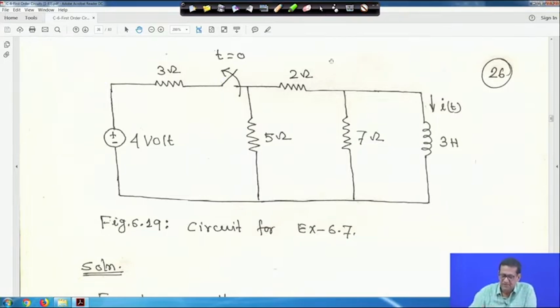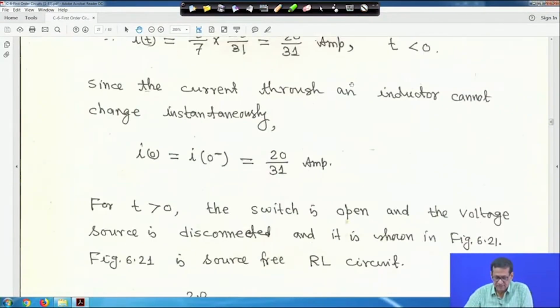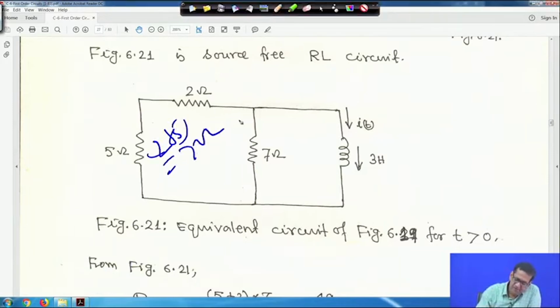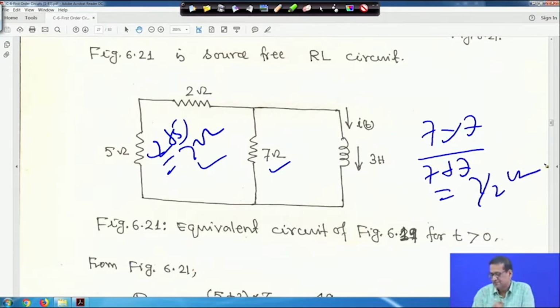Here IT is there, the 3 henry inductor is there, and this 2 ohm and 5 ohm will be in series, that is 2 plus 5, 7 ohm, and this 7 ohm is in parallel with the other 7 ohm. So, the equivalent will be 7 into 7 by 7 plus 7, that is 7 by 2 ohm.